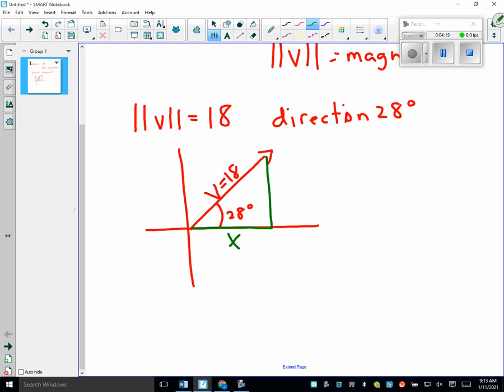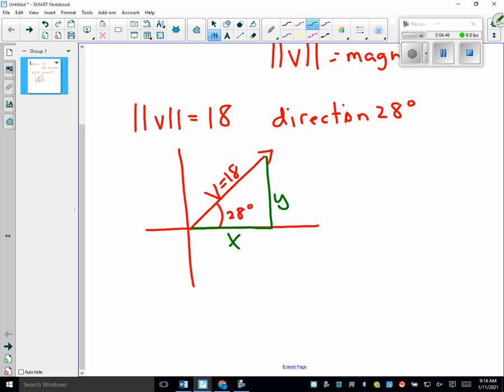This would be x, this would be y. Agreed? Yep. If I want to find y, is that opposite and hypotenuse? Is it? Sure.